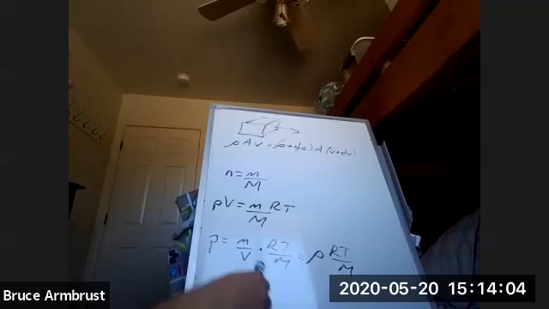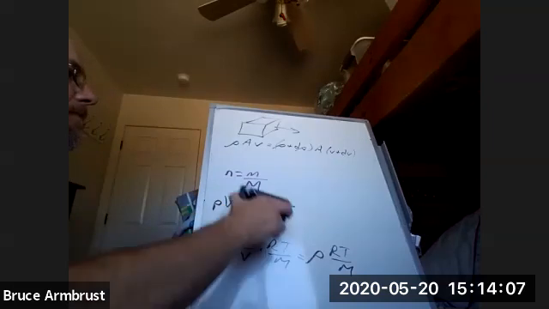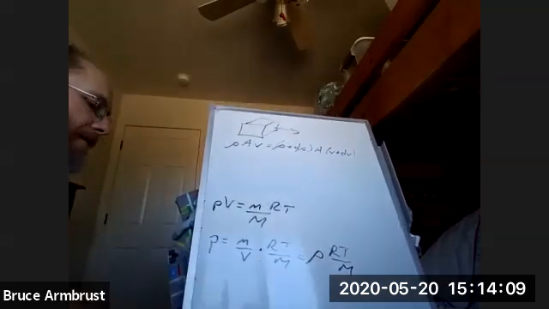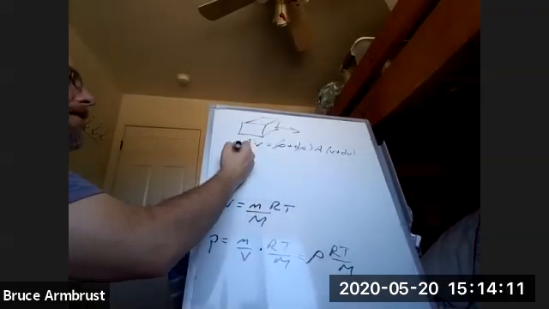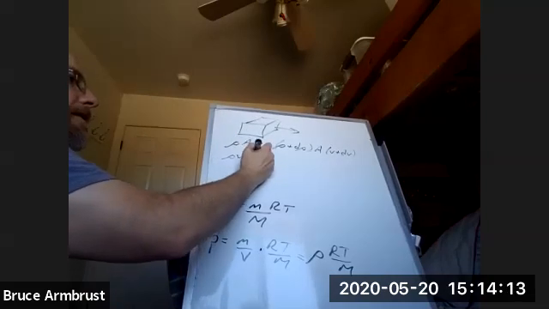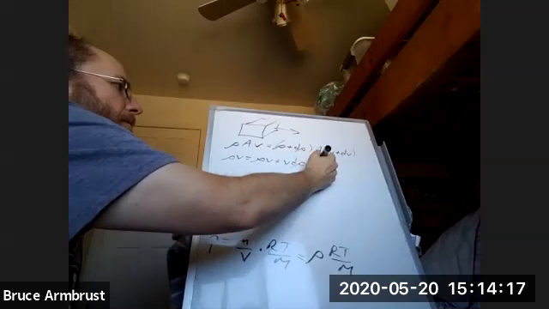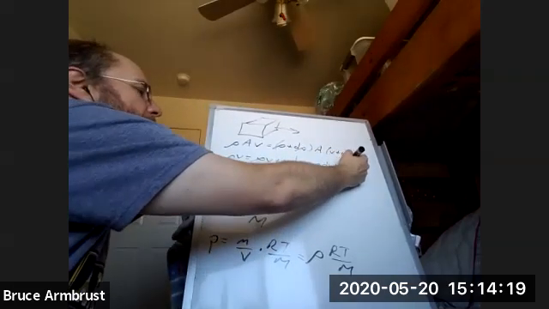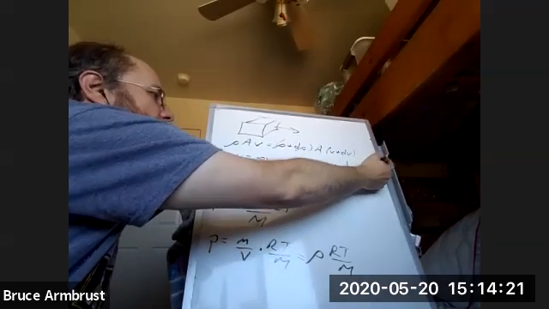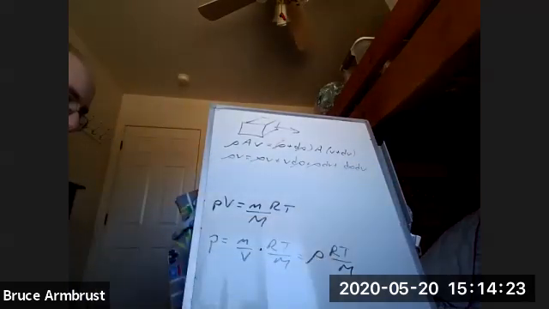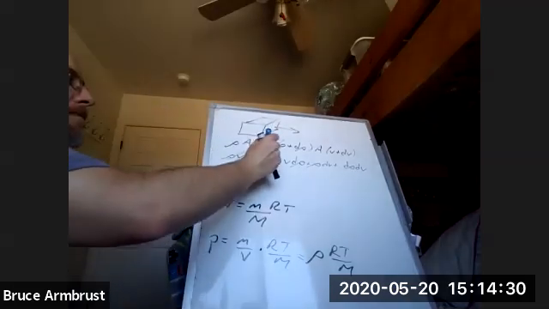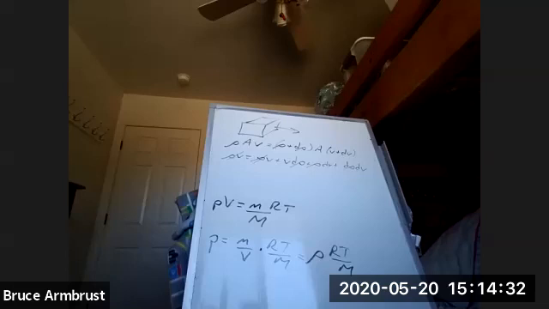If we distribute through, what you'll see is we get rho V is equal to rho V plus V d rho plus rho dV plus d rho dV. So I just FOILed it. I am going to be able to cancel those rho V's. Those guys go away.